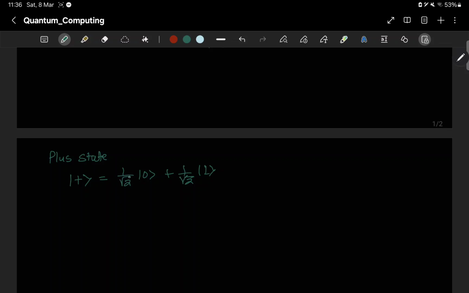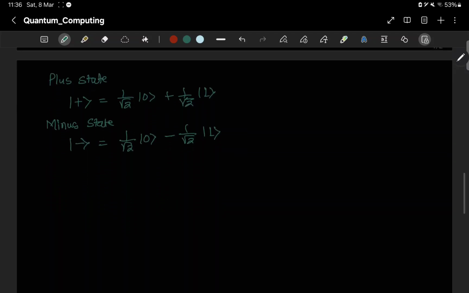Uniform superposition, basically having, okay, I'll talk about that later. And there is a minus state also. Let me write the minus state here first. Minus state, and it is a similar kind of state, but there is a minus sign in between.